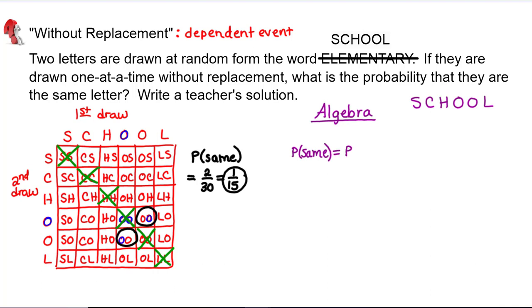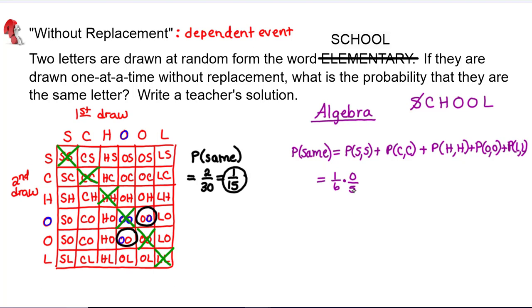That means we need the probability of getting an S and an S, plus the probability of getting a C and a C, plus the probability of getting an H and an H, plus the probability of getting an O and an O, plus the probability of getting an L and an L. All right, so the probability of getting an S the very first time is 1 out of 6. But the second time, we're crossing off the S, and there's no S's left, so that's 0 out of 5.